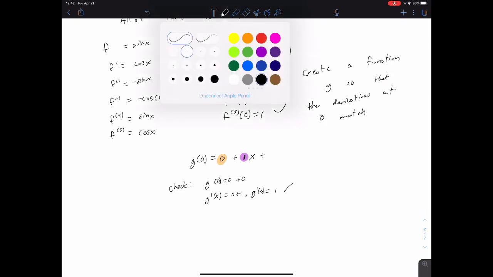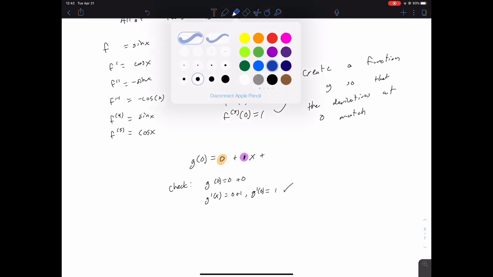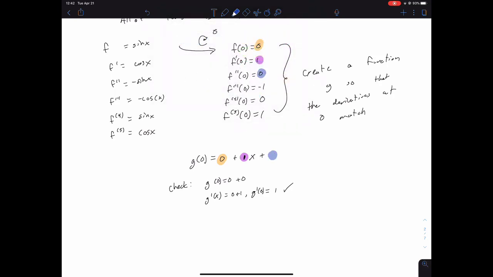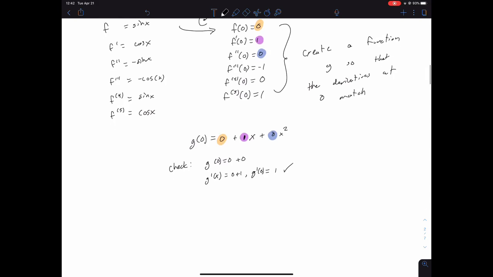So what should I put here? So I'll have a 0x squared. So that's good. This one's going to take a little bit more thought. So I'll have a minus 1 times x cubed, and this minus 1 is from here. Does this work?